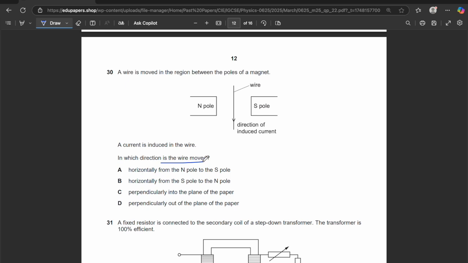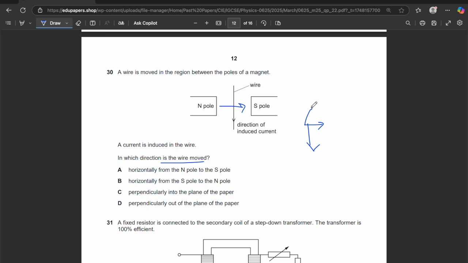So you can take out your right hand, put those 3 fingers perpendicular to each other, and the magnetic field, which is the first finger, has to point from left to right, and the direction of induced current, which is the middle finger, has to point downwards, and you will see that the motion will be perpendicular into the page.